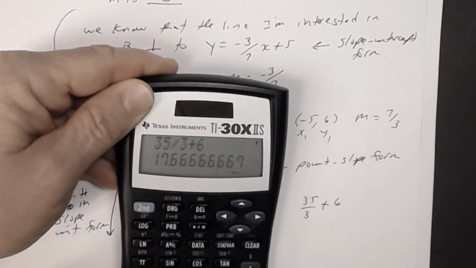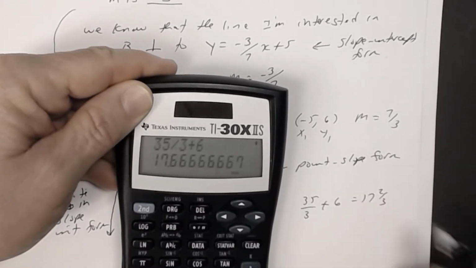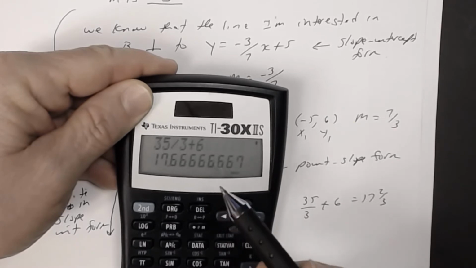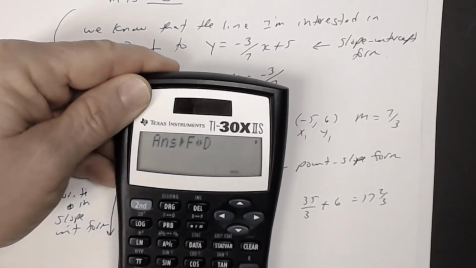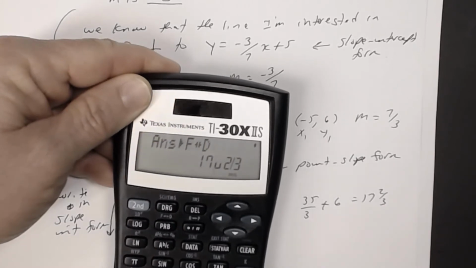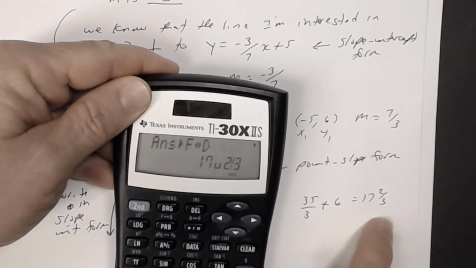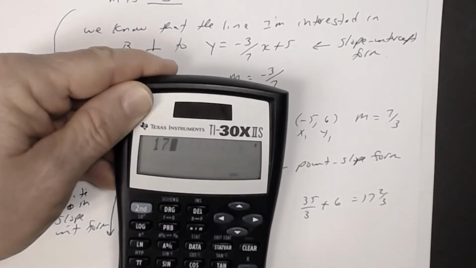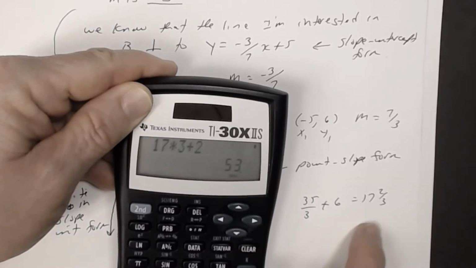That's what that is. Now, hopefully you saw that, but if you didn't, then you would say second PRB, press equal, and you get 17 and 2/3. But you want to rewrite this as an improper fraction. So 17 times 3 plus 2, and you get 53 divided by 3.